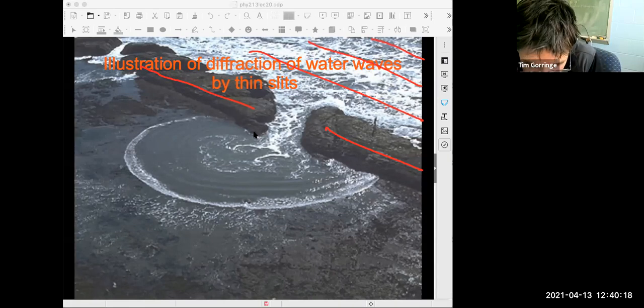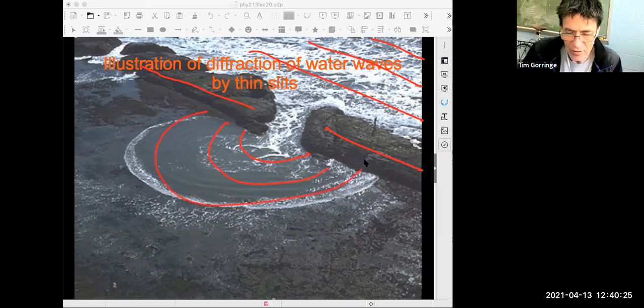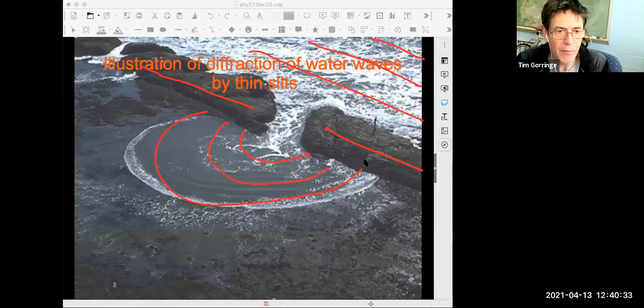Then they strike the barrier and these circular wavelets emerge from the barrier. Again, that's the water waves bending around the slit, bending around the barrier. And that is, again, diffraction. That's a diffraction pattern.